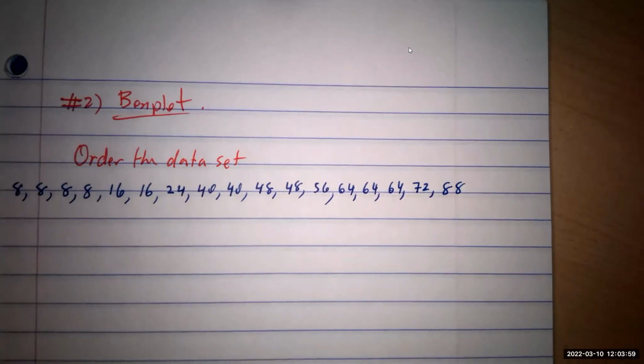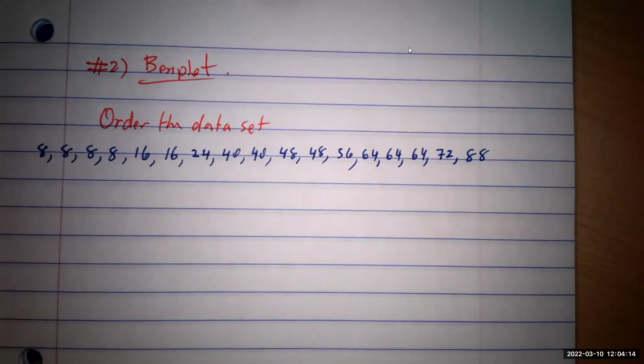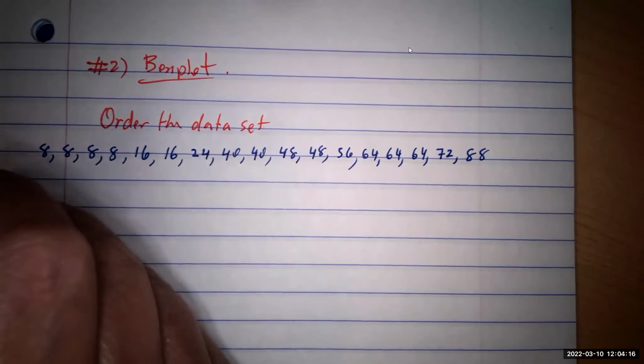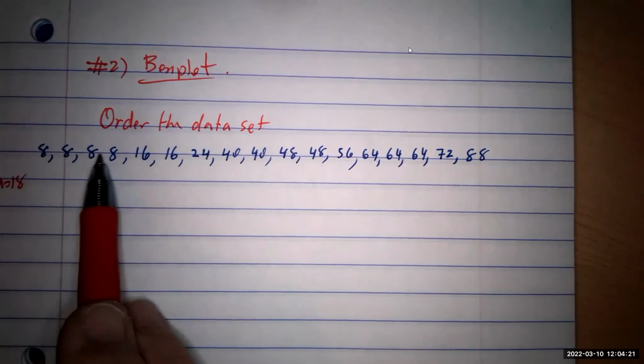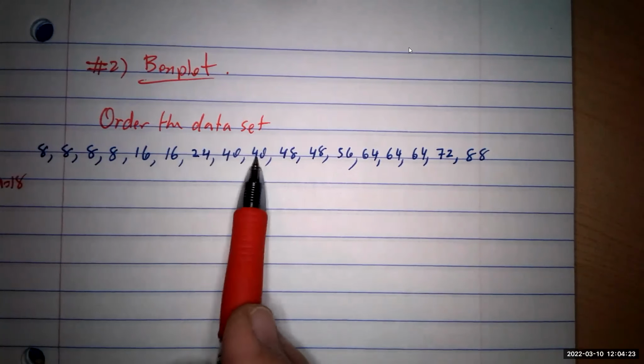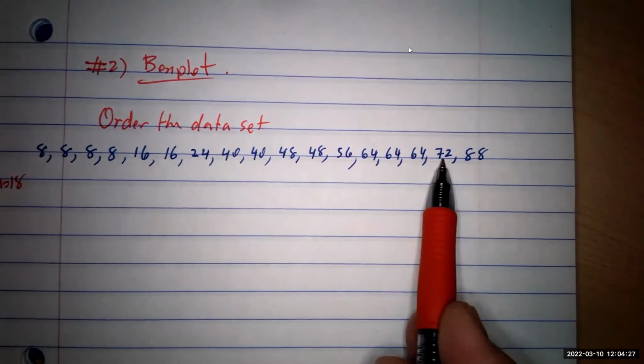If you want to use a calculator, we don't mind. So this is going to be the case. Now the total number must be 18, so I'm going to check to make sure I get 18. 1, 2, 3, 4, 5, 6, 7, 8, 9, 10, 11, 12, 13, 14, 15, 16, 17.